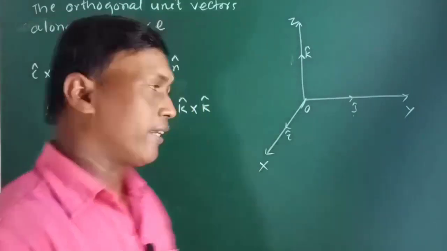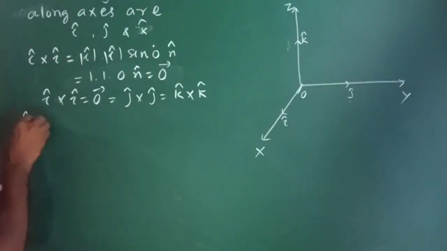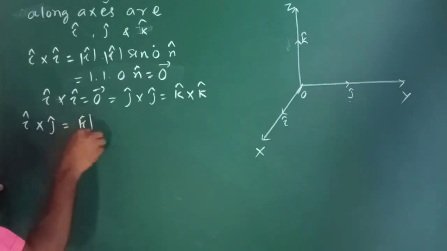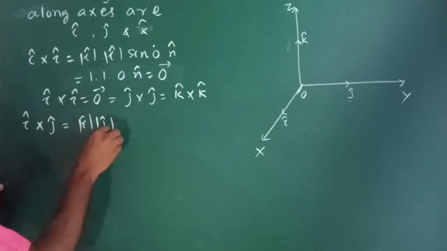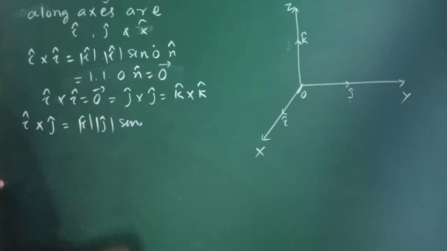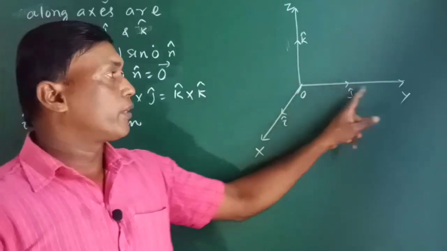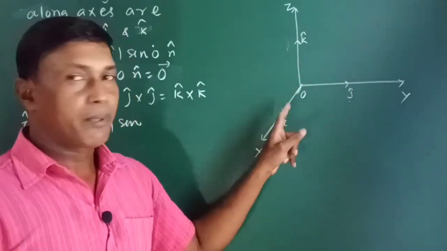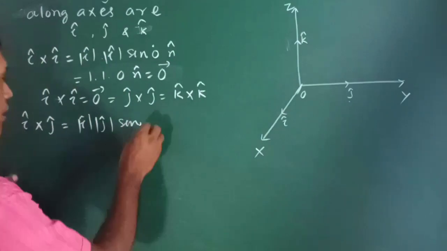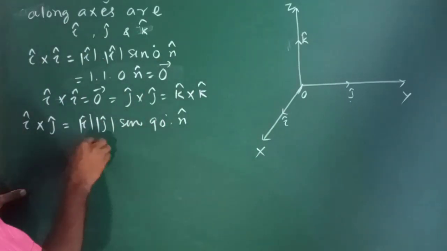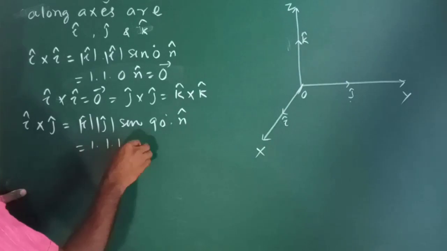Now the dissimilar ones, that means i cross j. According to the definition, magnitude of i, magnitude of j into sine theta. Look here: this is the direction of i and this is the direction of j, and the angle between these two is 90. Sine 90 into n cap. 1 into 1, sine 90 is 1, so it is n cap.